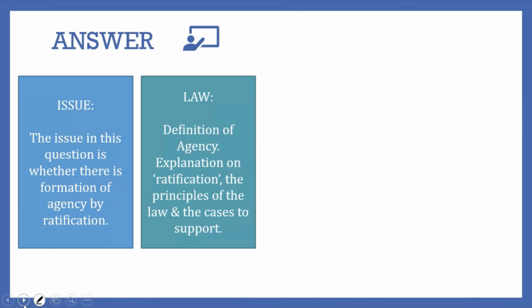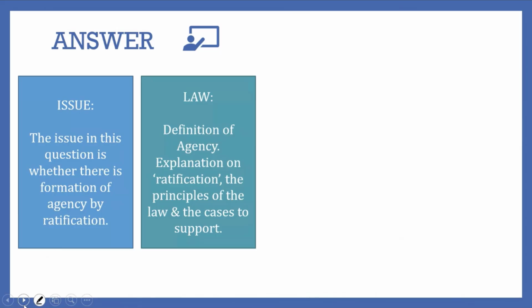So you've got to explain what is agency, who is an agent, who is a principal, and then you explain the formation of agency and focus only on the relevant formation of agency in the question.